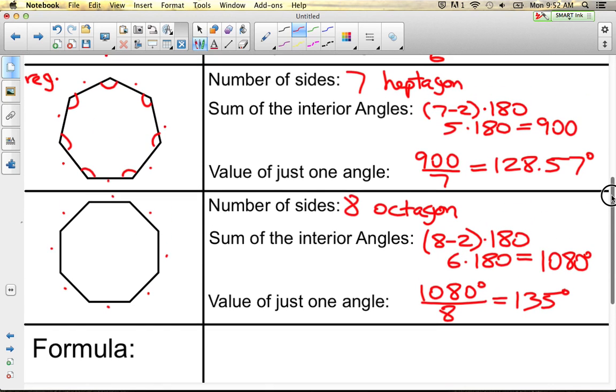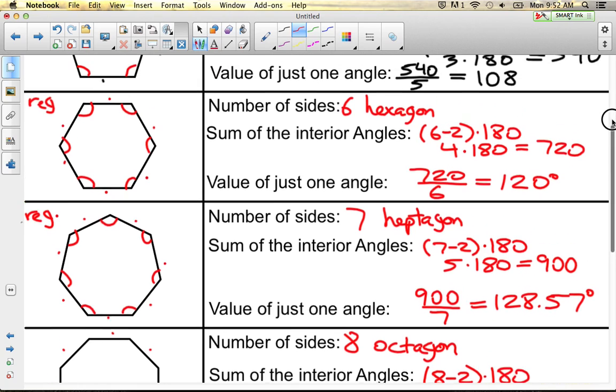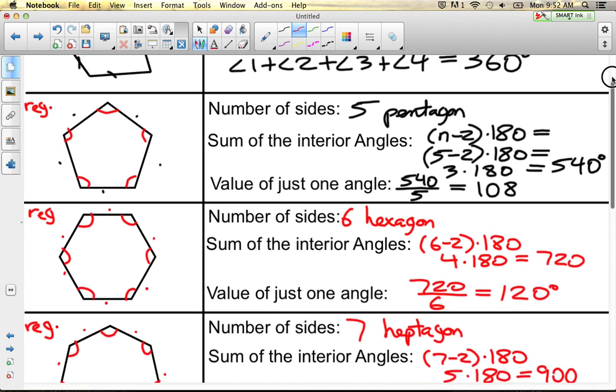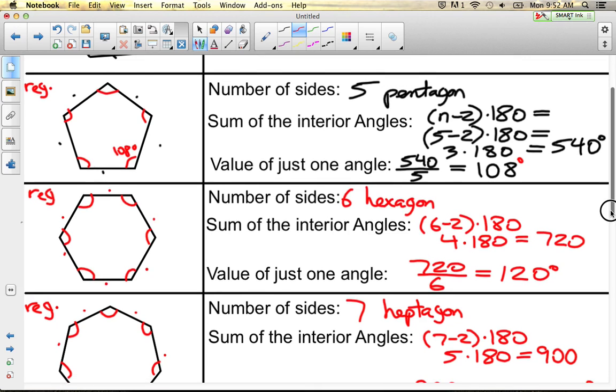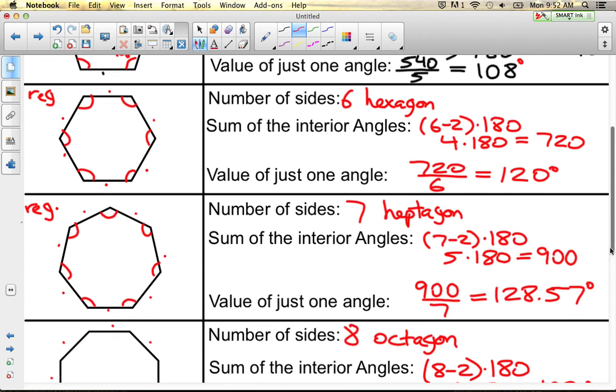So if we go back up our chart, starting with the first regular polygon, which was our pentagon, 108 degrees. Well, that means that every single one of these angles inside is 108 degrees. For our regular hexagon, each angle inside is 120 degrees.